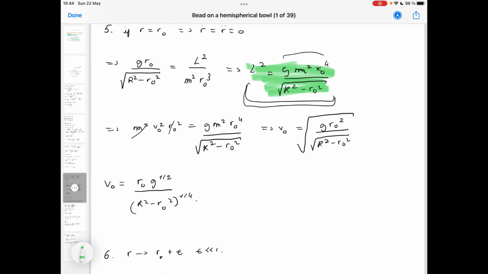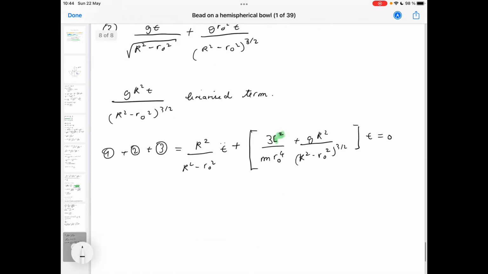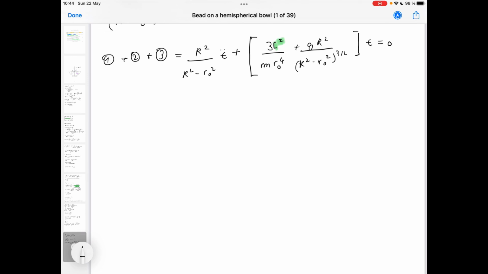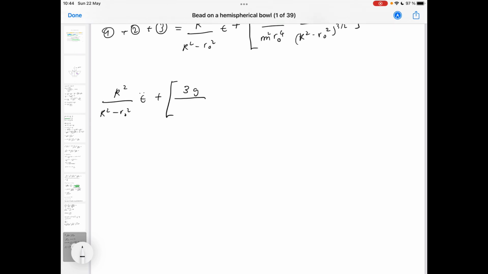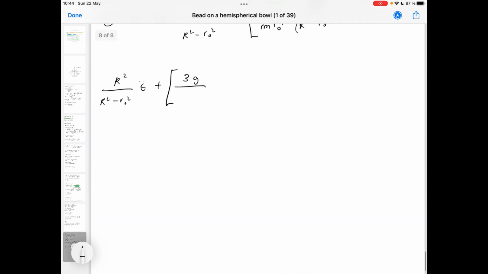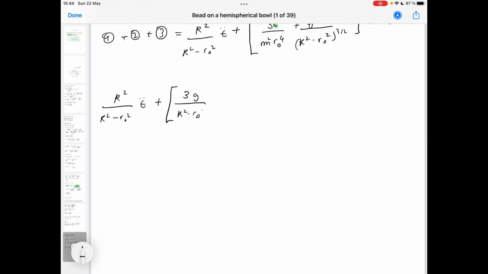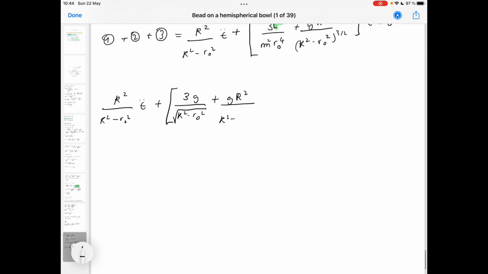And so we see that the m squareds and the R naught to the 4 cancel out, and we get R squared over (R squared minus R naught squared) epsilon double dot plus, now we get 3g over, so I think it should be a square root, 3g over the square root of R squared minus R naught squared, plus g R squared over (R squared minus R naught squared) to the 3 halves, times epsilon equals 0.